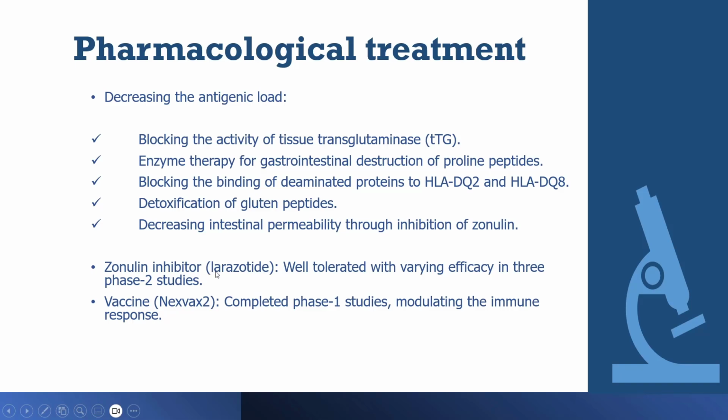The zonulin inhibitor larazotide was well tolerated with varying efficacy in 3 phase 2 studies. The vaccine Nexvax2 completed phase 1 studies modulating the immune response. This vaccine is good for a patient who is already experiencing the signs and symptoms. It will suppress the signs and symptoms.